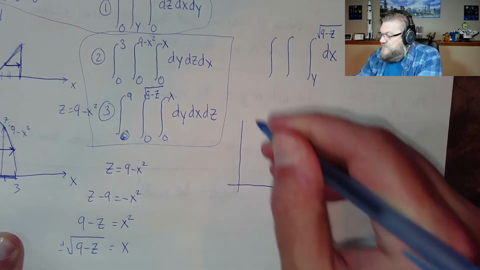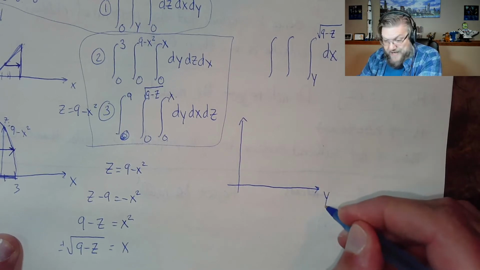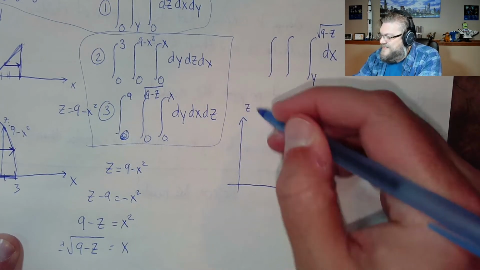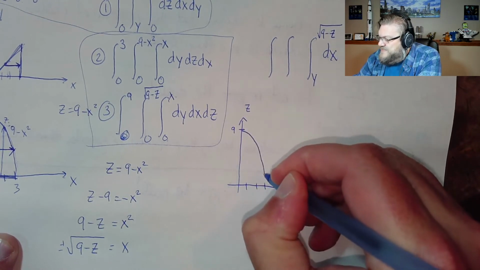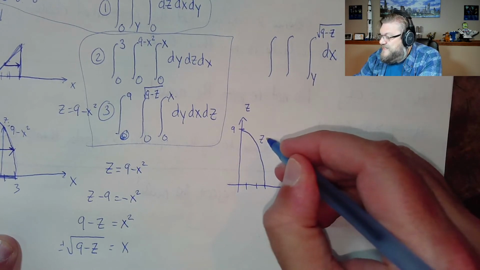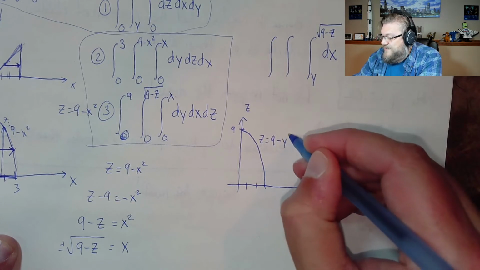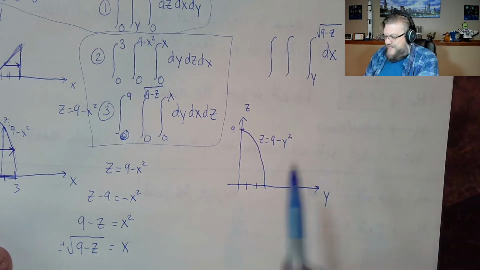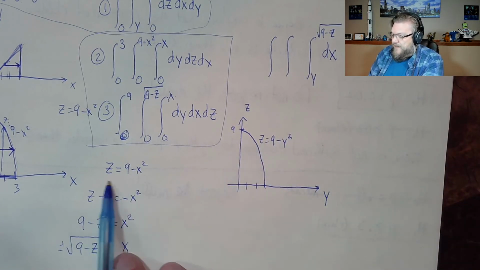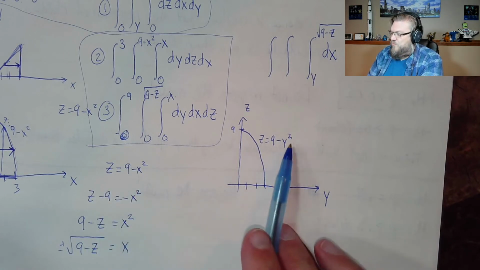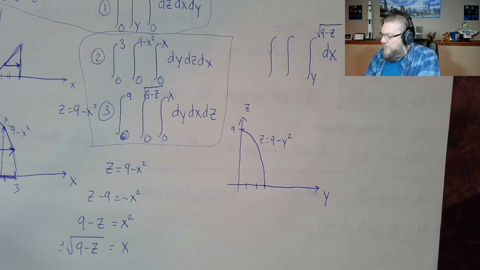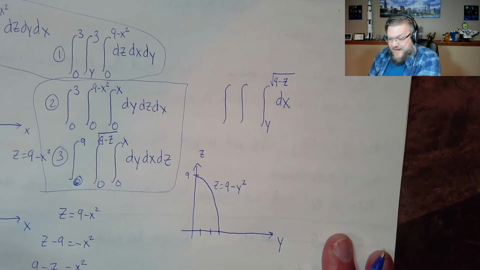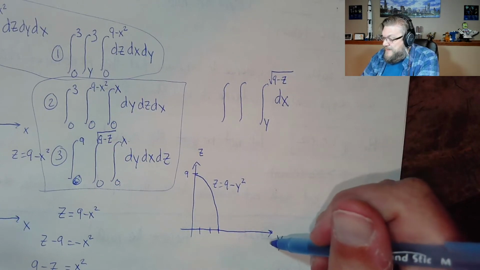So here's my picture of that. This is the y-axis. This is the z-axis. Here's 9. 1, 2, 3. And it's the same shape, but this is actually z equals 9 minus y squared, because it's the intersection of this surface with the plane y equals x. Okay, now that I have that, I can now make my decisions here.